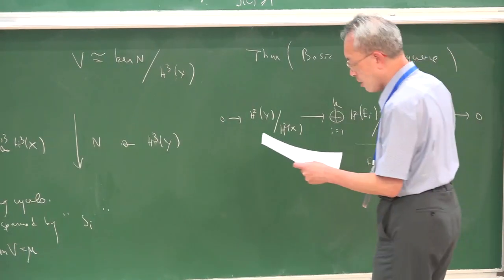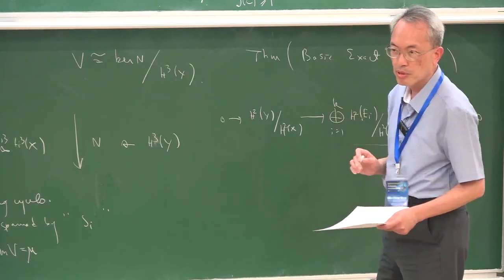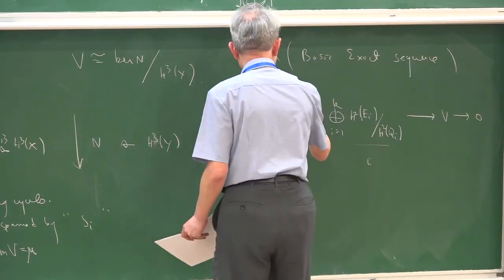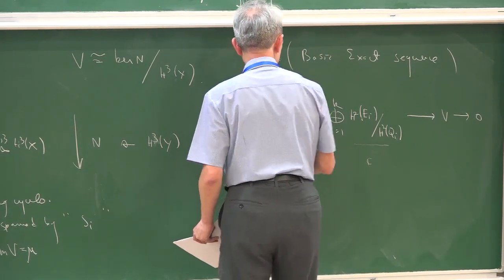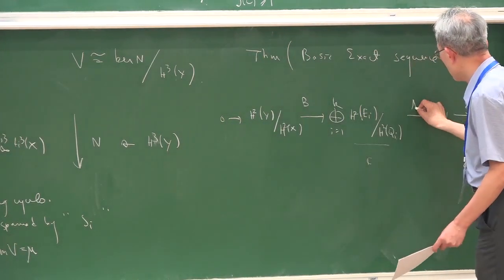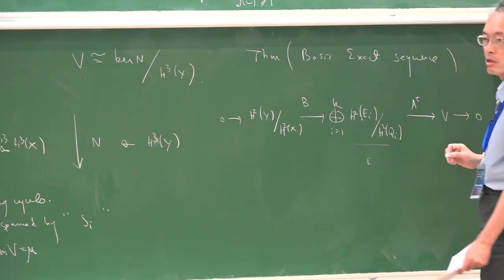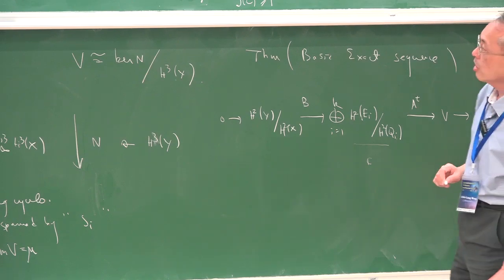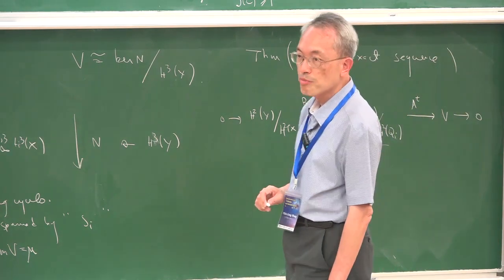And the good part is we really know what the map is. So here, you just apply the matrix B. And here, you just apply the matrix A transpose. Okay. So A and B are the relation matrices.